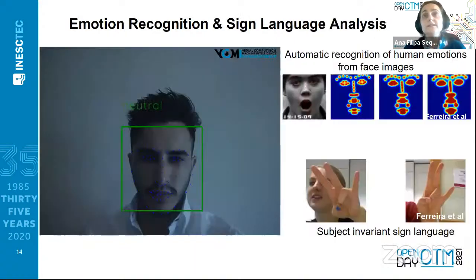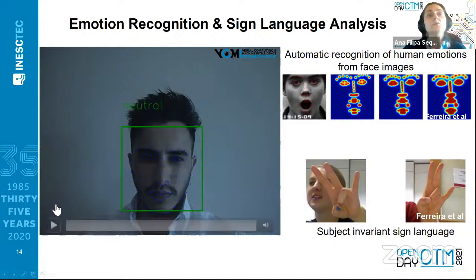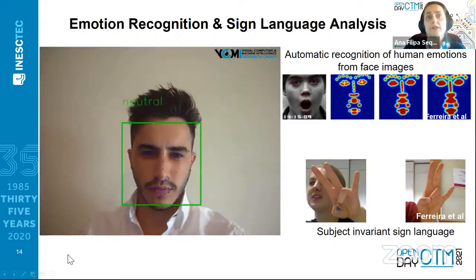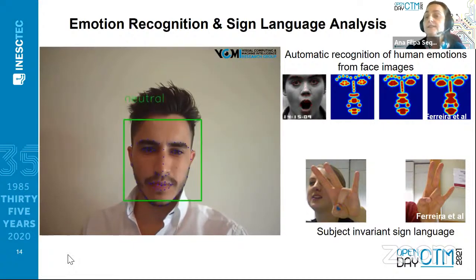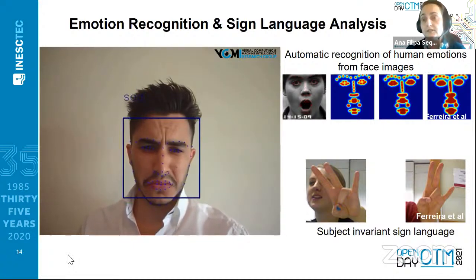So in our area, we have developed other works that are not yet so close to the edge, but they are very close to it, and we hope they will be adaptable. One is emotion recognition from face images, as you can see, and this is now a very hot topic and can be used in many areas.